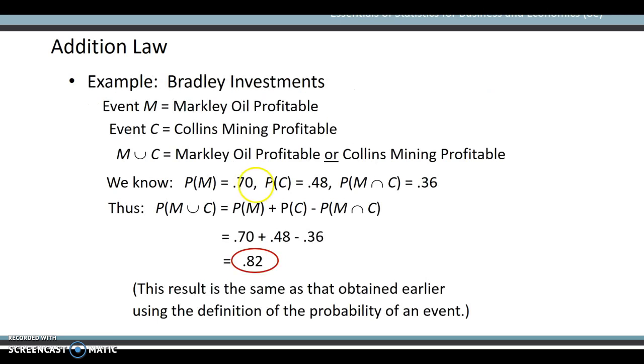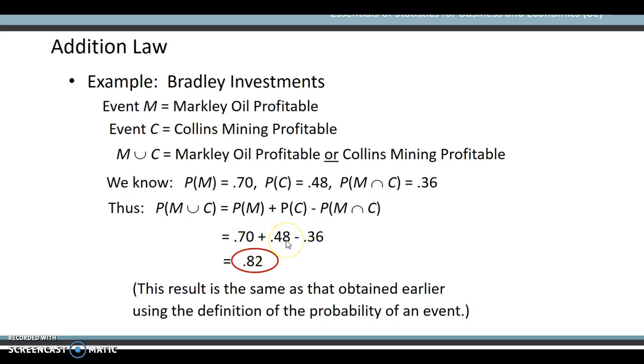So if you look here, the probability of M union C is equal to the probability that Markley Oil is profitable, plus the probability that Collins Mining is profitable, minus the probability that both Markley and Collins are profitable. There's a 0.7 probability that Markley Oil is profitable, plus the 0.48. Here you can see you've got to subtract something out because those are going to add up to more than 1.